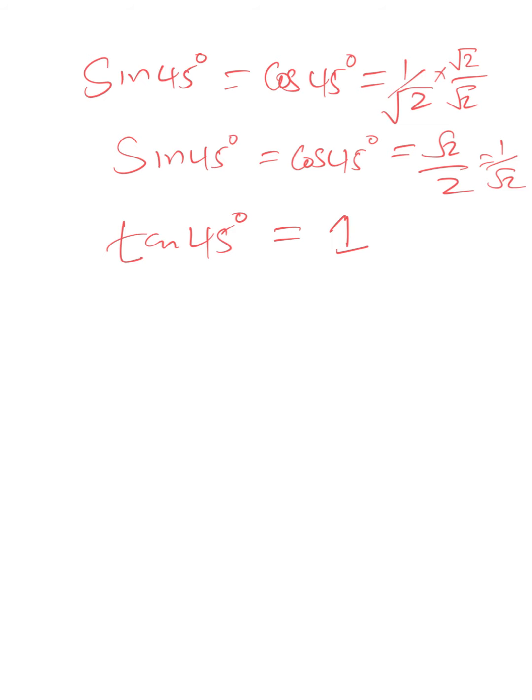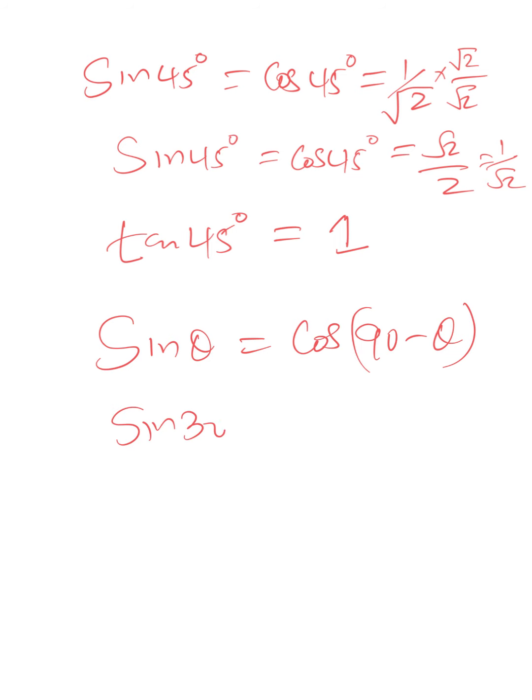So there is a relationship that you must know, and if you have been observant, you can start to see it: the sine of theta is the cosine of 90 minus theta, okay? So the sine of 30 degrees will be the cosine of 90 minus 30, which is the cosine of 60 degrees.